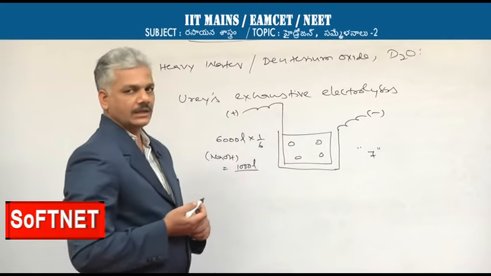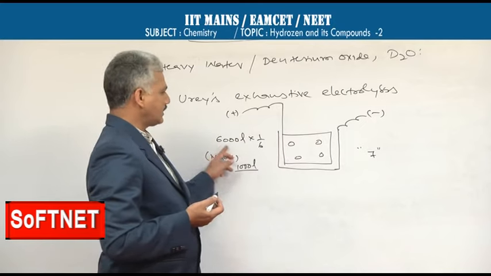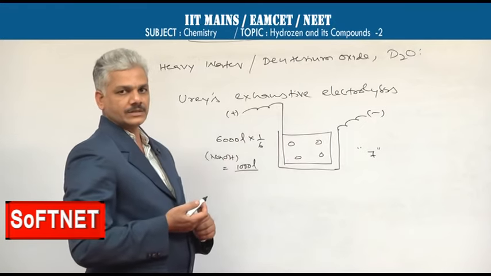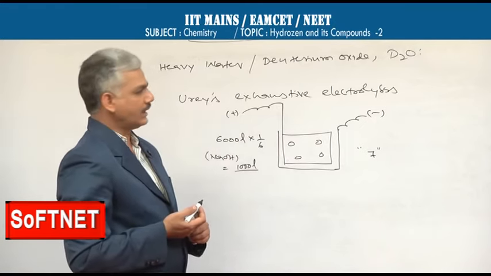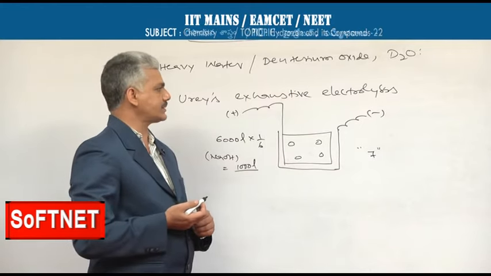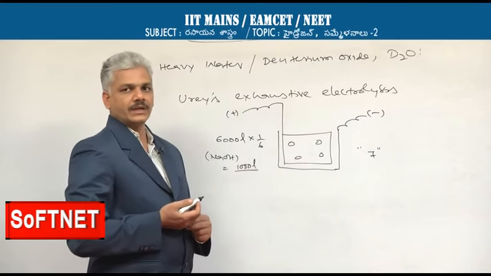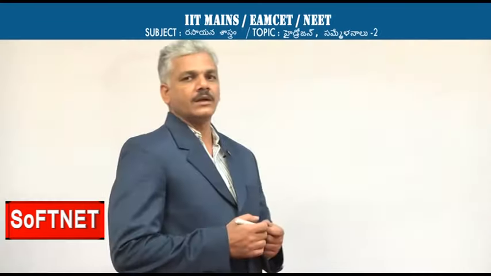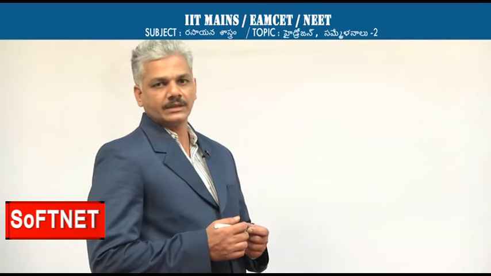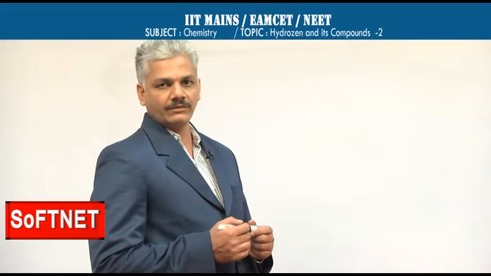Urey prepared 82 ml of pure heavy water beginning with 6000 liters of normal water. As the volumes of water to be processed are huge, the process is called the exhaustive electrolysis method. Now let us compare the physical properties of normal water with heavy water.